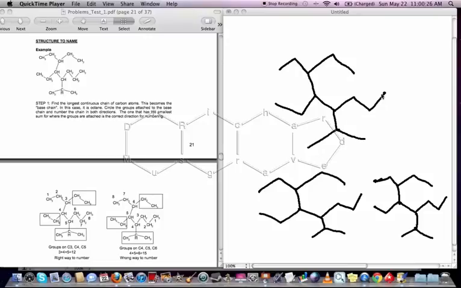Our next mission then, after we've decided what the base chain is, is to figure out which way to number it. So what I'm going to do is go down here, and I've got this drawn again twice here. Let's number this in different ways. First of all, let me circle the base chain.